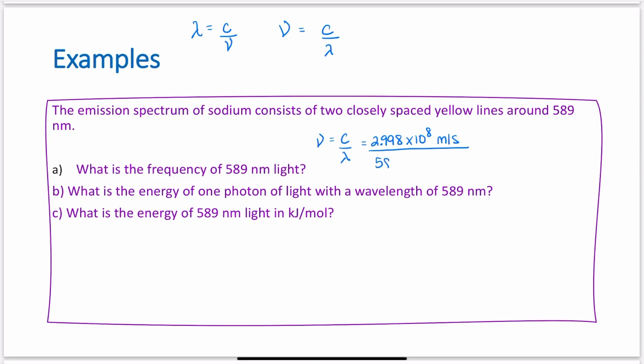Now I do have to convert that nanometers to meters. 1 meter is 10 to the ninth nanometers. Remember, 9 and nano go together. This gives me an answer here of 5.09 times 10 to the minus 14 seconds to the minus 1, or you could write hertz there if you really wanted to. I just write seconds to the minus 1 because I'm going to be using it in a future calculation.